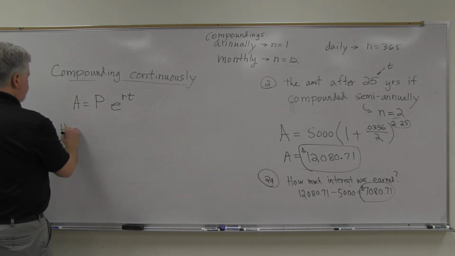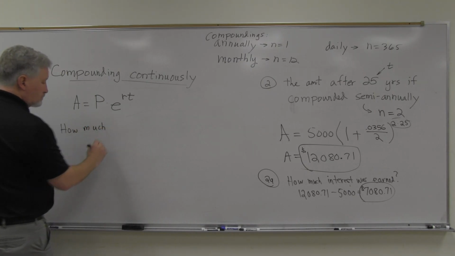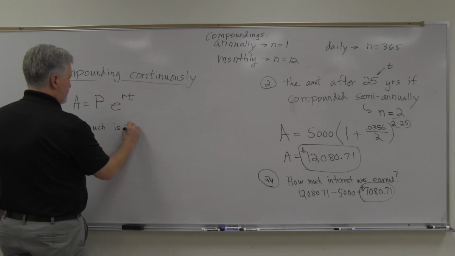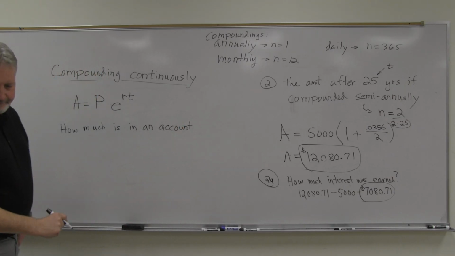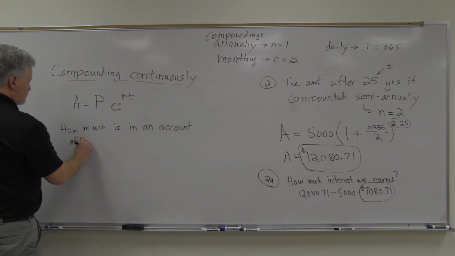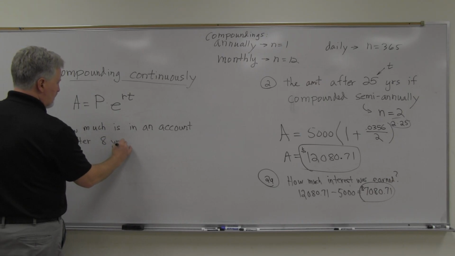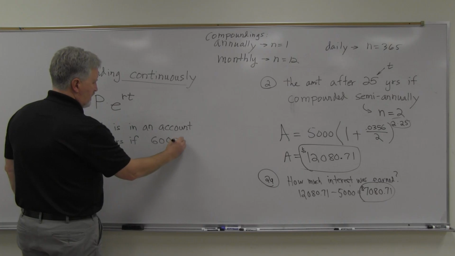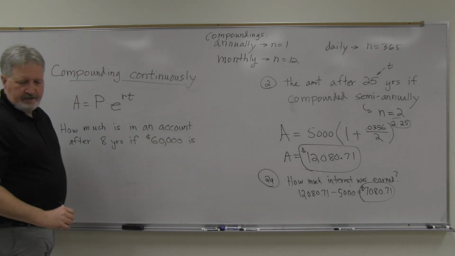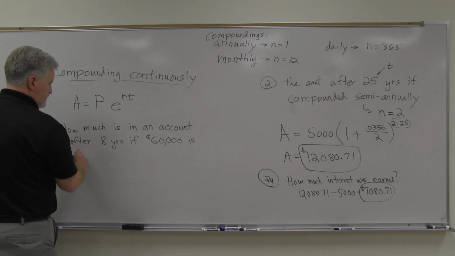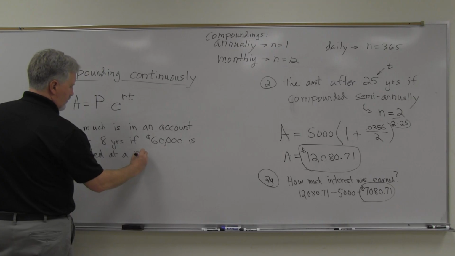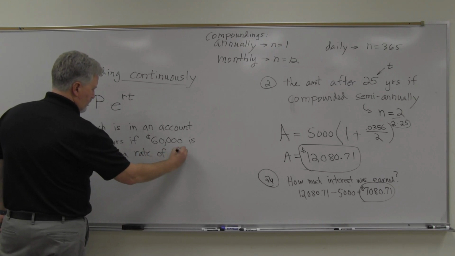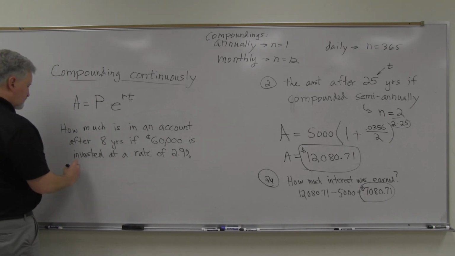So, how much is in an account after 8 years, if $60,000 is invested at a rate of 2.9%, compounded continuously.